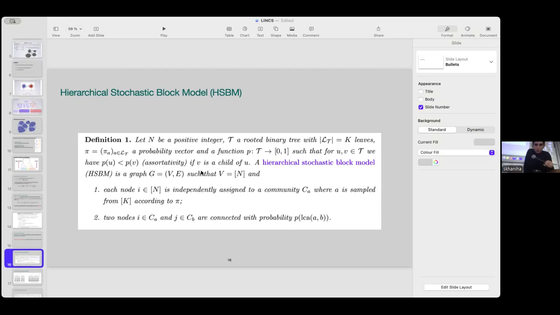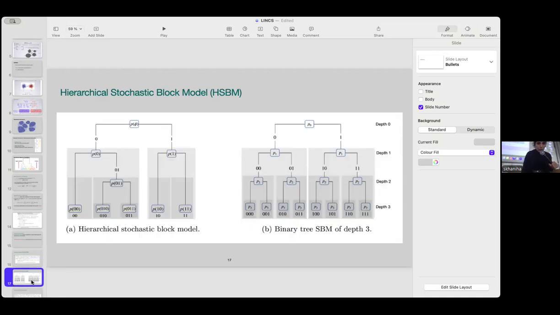We know that each node is assigned to one community, and the probability of connecting each node from community A to each node from community B is related to the lowest common ancestor of these two points. So this is the definition.